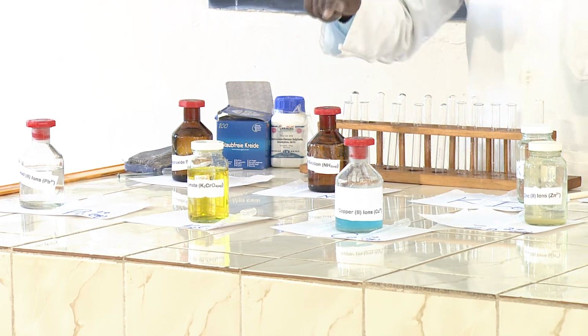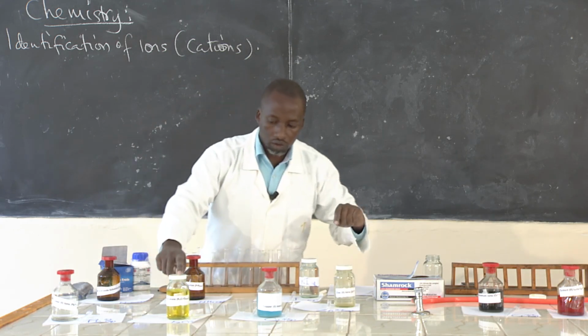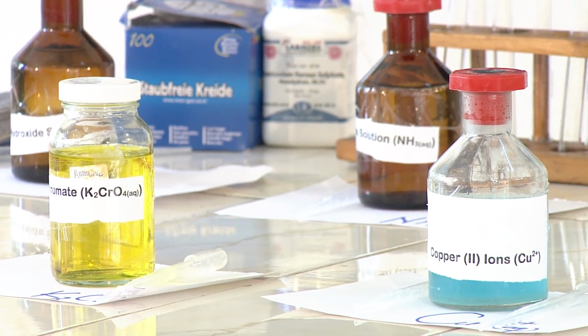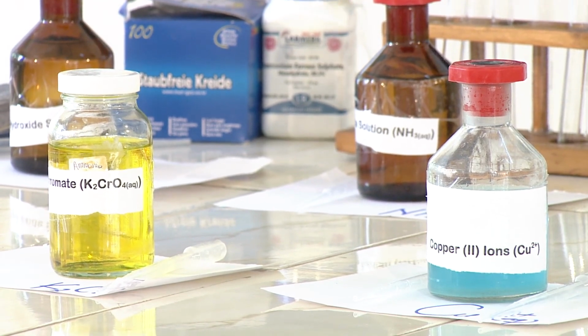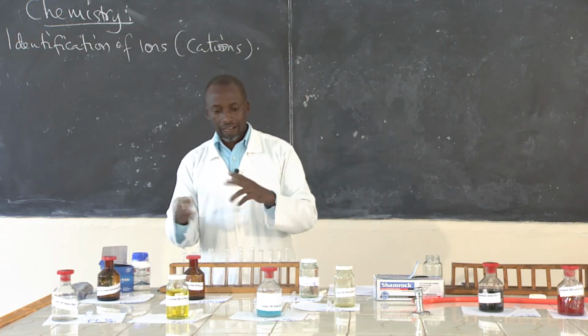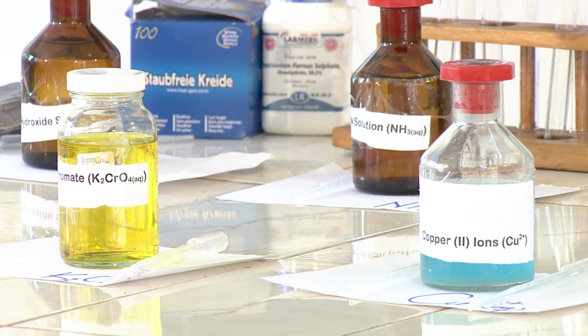And when you look at these solutions, potassium chromate and copper, there is some unique characteristic. The unique characteristic that these two have is that they are colored.